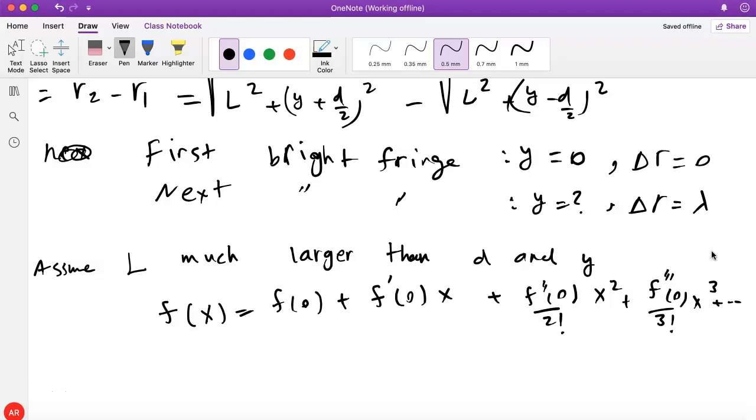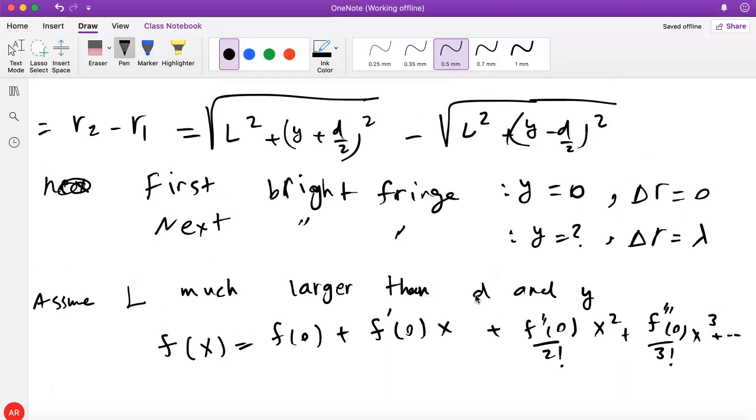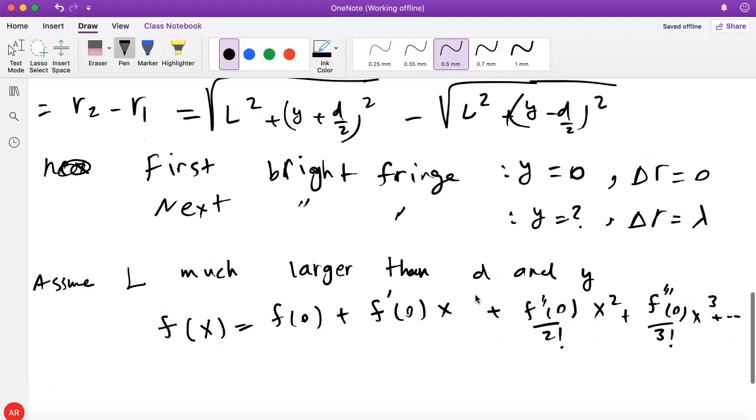So it makes sense to truncate this at some order. And we can find the leading order if you just pick the first term that's not 0. Okay. So let me write delta R.